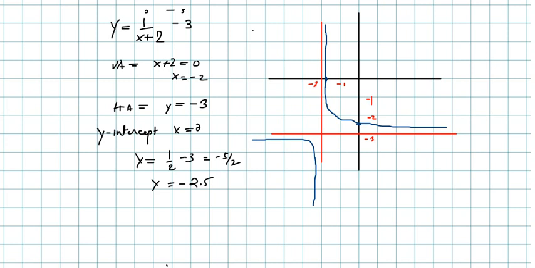Okay. So, let us find the domain and range now. Domain will be all the x values, from minus infinity up to the vertical asymptote, that is minus 2.